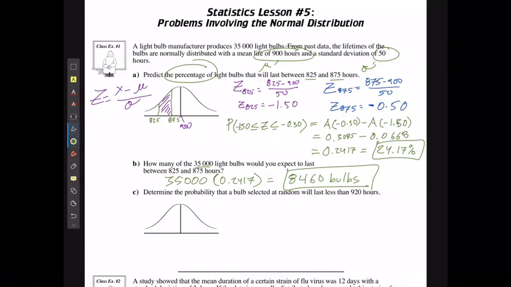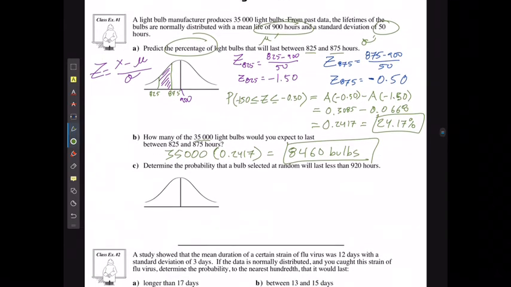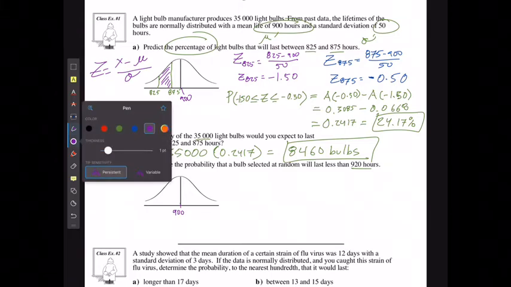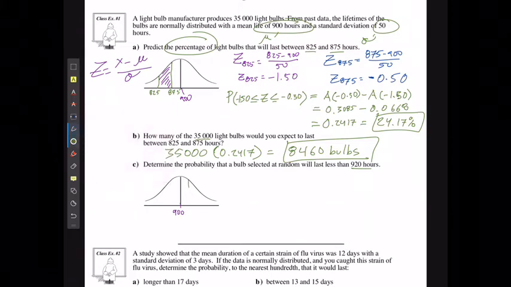If it asks us to determine the probability that a bulb selected at random will last less than 920 hours, well, then I know that if this point is 900, then 920 is going to be a little ways past that.